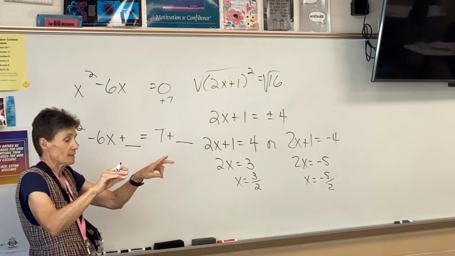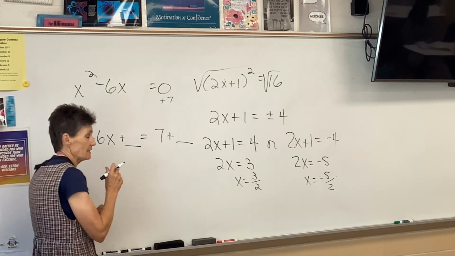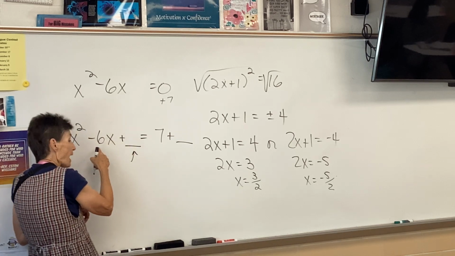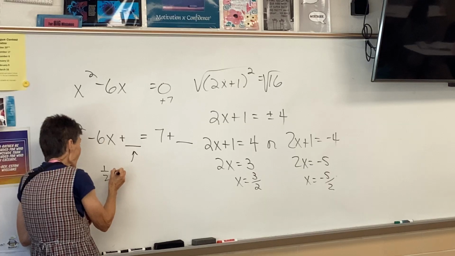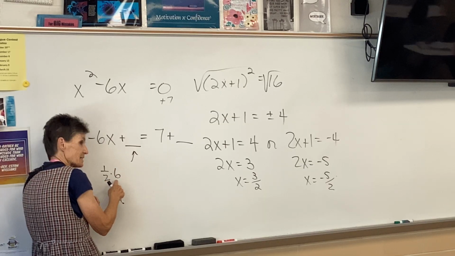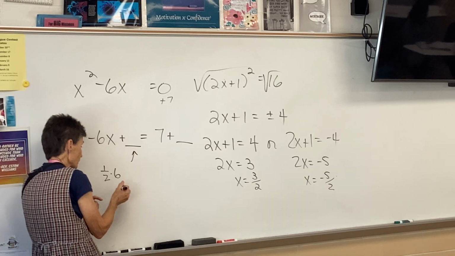Alright, here's the key. How do I find the number? That number's gonna be really special. How do I find it? To find this number, I take half of that number. So I'm gonna take half of 6. What is half of 6? 3.